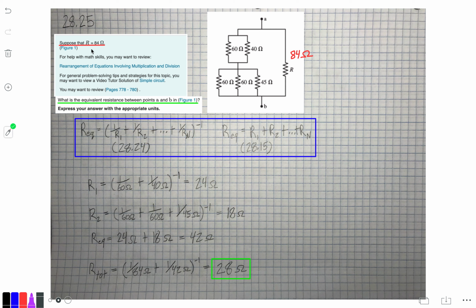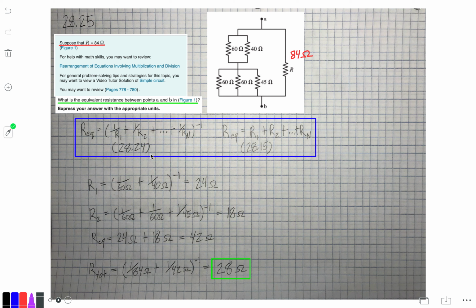Starting off with the problem description, we have our resistor R that's equivalent to 84 ohms, and here I've marked it on this little diagram. This diagram is also given in Mastering Physics.